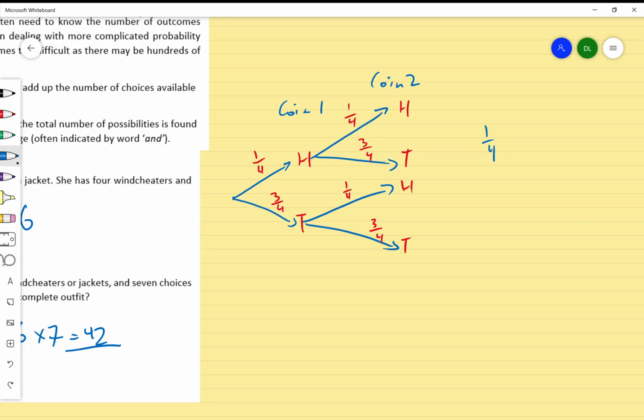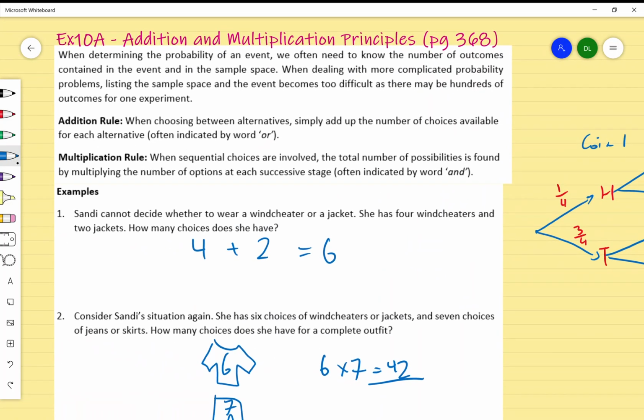And then for the second flip, to get a heads again, we multiply by 1/4 to give us 1 out of 16. So remember, if we're working with and, what's the probability of getting this and that, then we use the multiplication rule, just like we do in probability. Whereas if the question says, what's the probability of getting this or that, then we would use the addition rule and we just add up the options there.